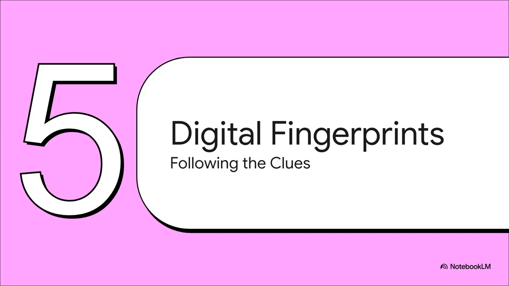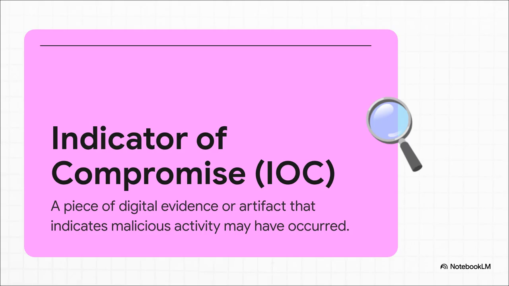Okay, so if these attackers are using specific TTPs, they've got to be leaving some clues behind, right? So how do the good guys, the threat hunters, actually find these digital fingerprints? They look for these little digital breadcrumbs called indicators of compromise, or IOCs for short. Now, an IOC is any piece of evidence that hints that something bad might have happened on a system.